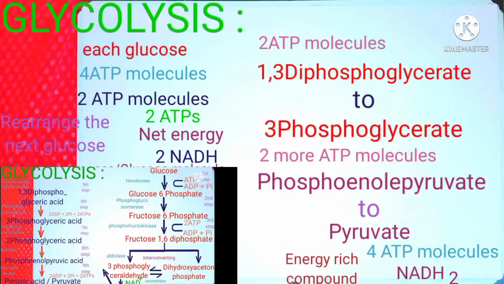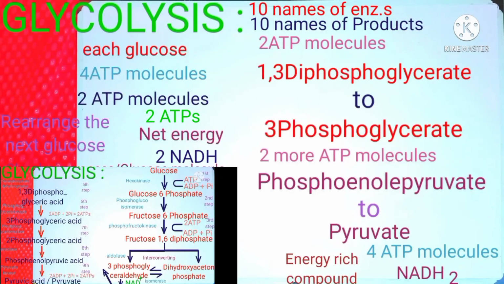After glucose, each product is converted to the next product in the presence of its corresponding enzyme. So by memorizing 10 names of enzymes and 10 names of products, you can easily write this process in your own words. It is not a difficult method, but it is very easy. But you should memorize the names of products and enzymes.